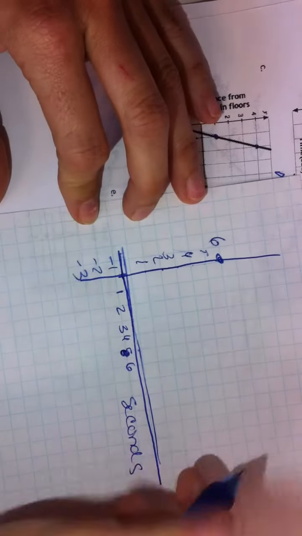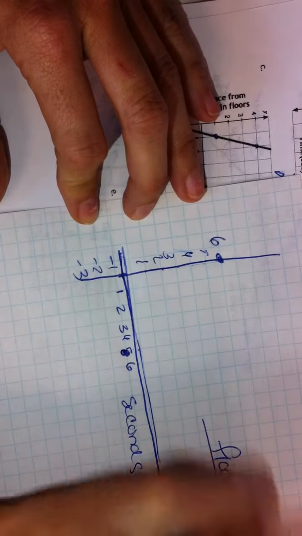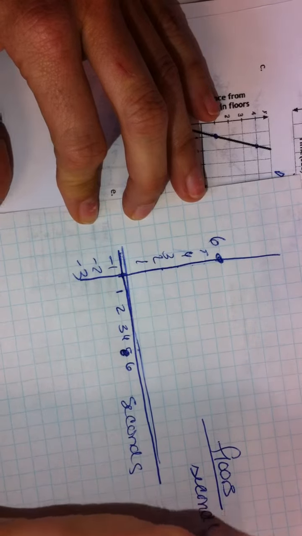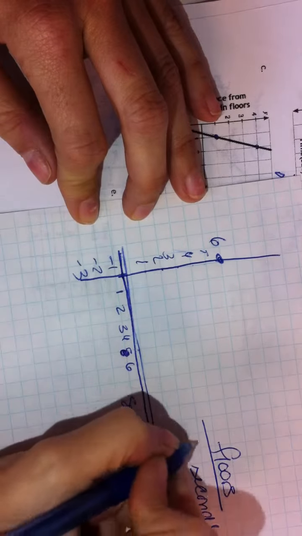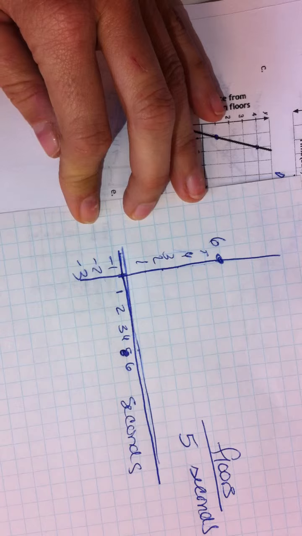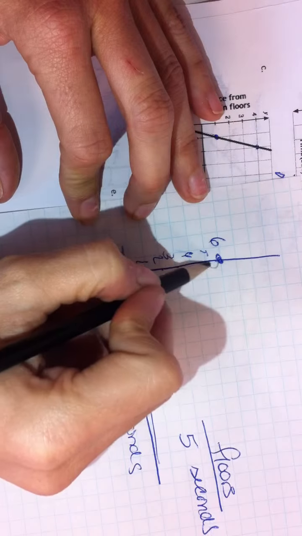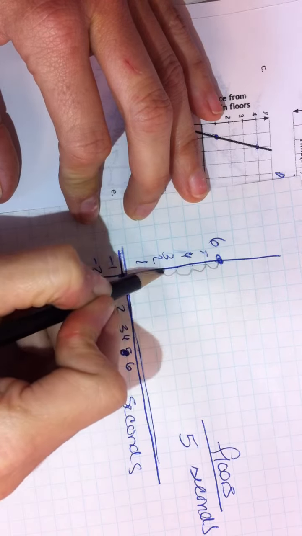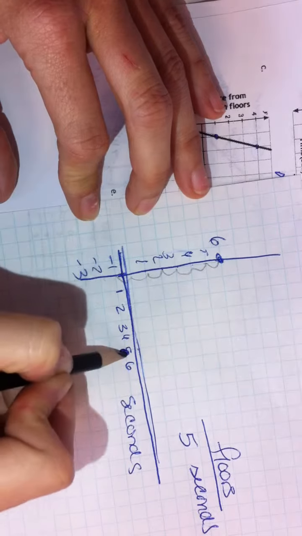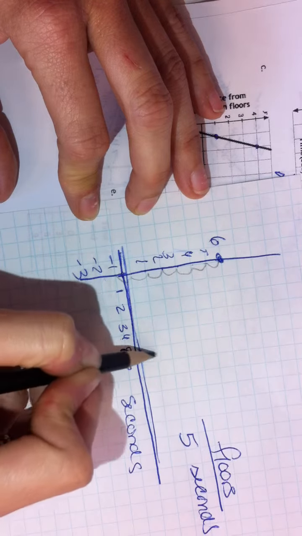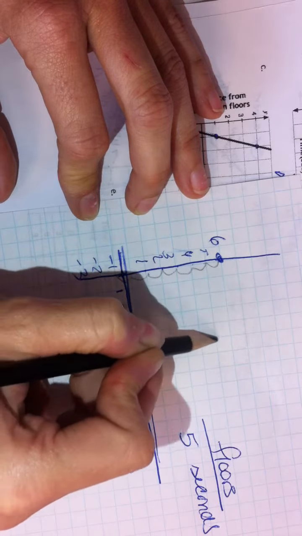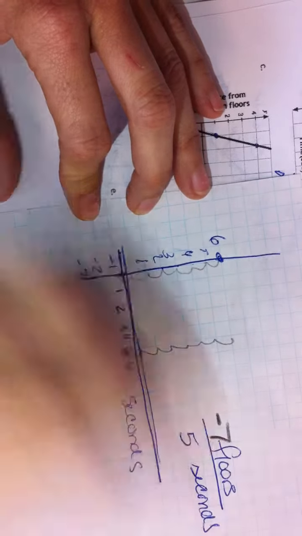So again, it's floors over seconds. How many seconds did it take me? 5 seconds. Now let's count how many floors it went down. It went down 1, 2, 3, 4, 5, 6, 7. So it went down 7 floors.